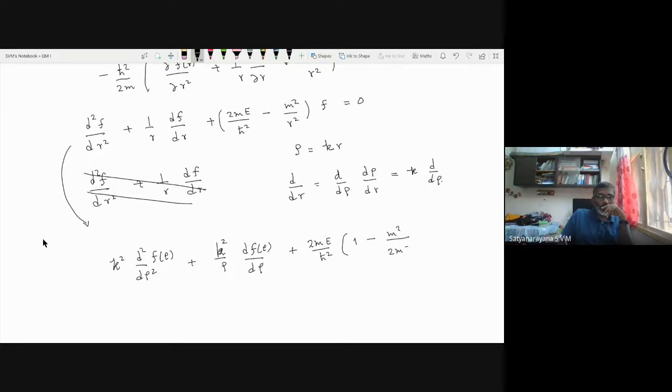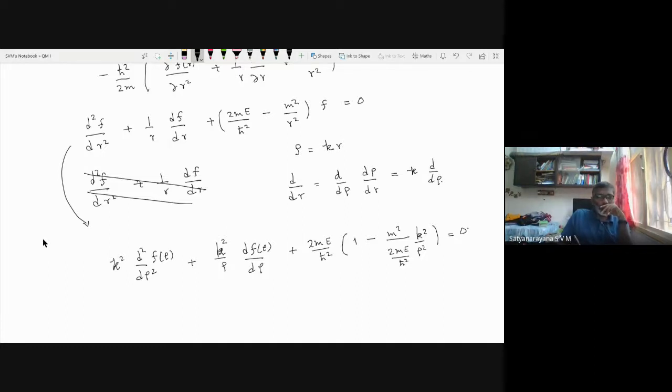So twice mE by h bar square into k, rho by k. So that means it is rho square by k square is equal to 0. Now I have to fix the k.